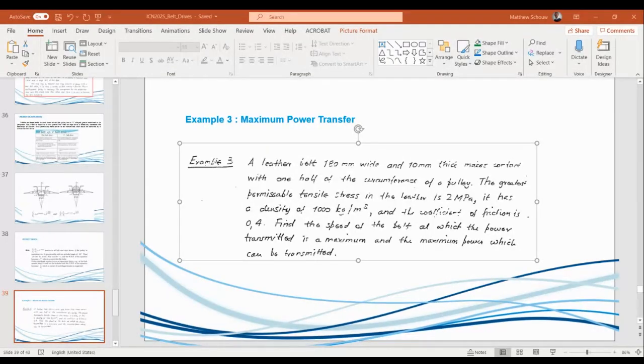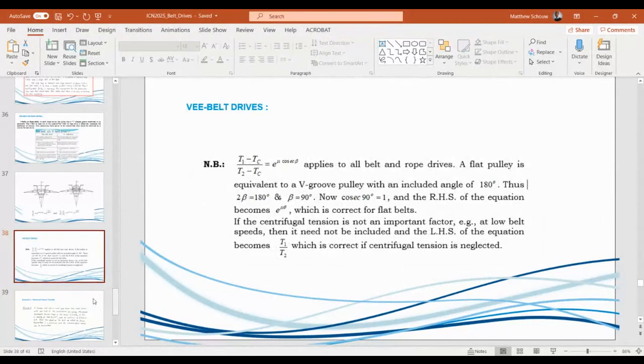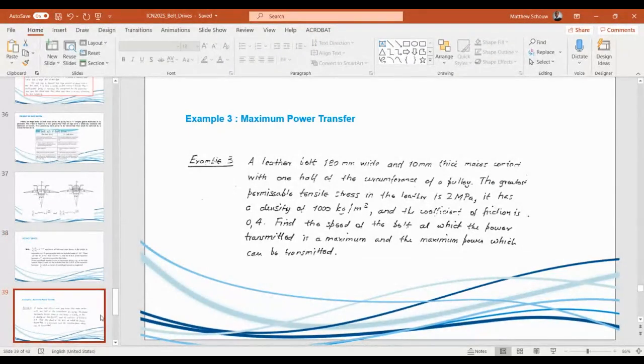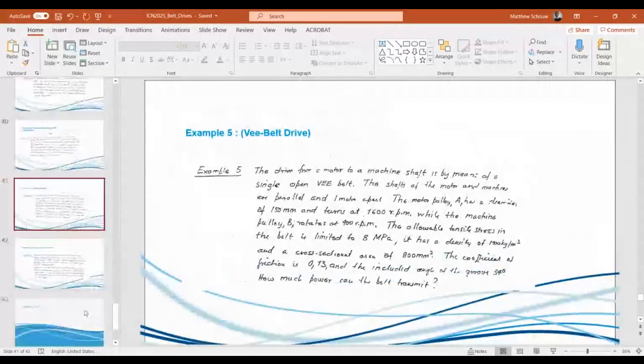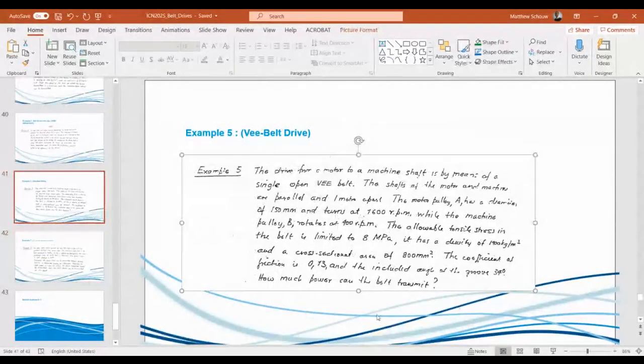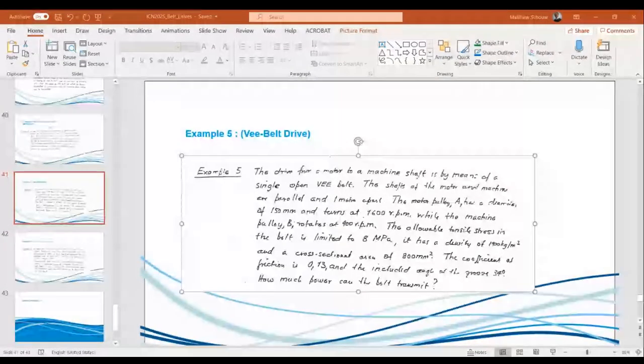Okay, so we just have probably this one, or there's another example I can do. No, this is the wrong one. This is the one I'm doing. This should be example 5. Okay, great, it's done.